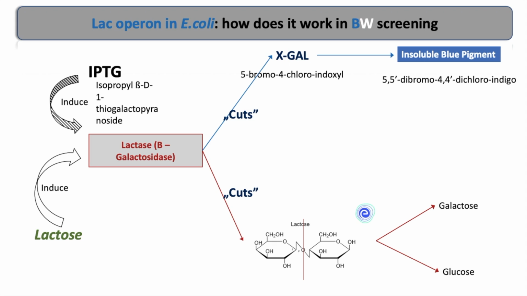In genetic engineering you don't want that. You need to have a strong induction which will last a long time. Because E. coli cannot actually metabolize IPTG and it is not that toxic for the cell itself, IPTG is preferable because it will remain in the environment and it will have a long-lasting induction.